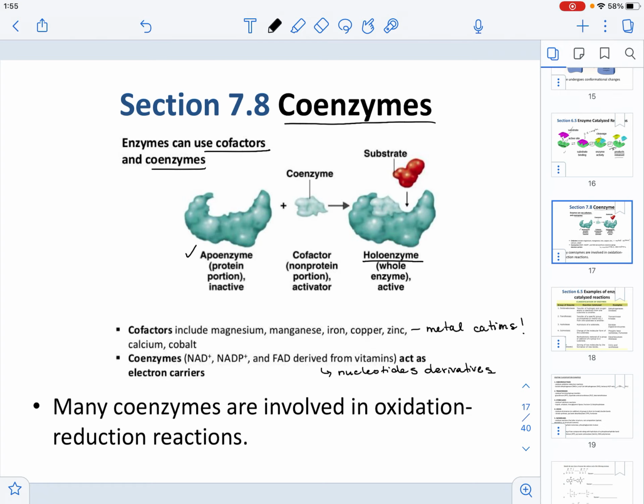And at times, because these coenzymes are specifically involved as electron carriers, many of the coenzymes that interact with a particular enzyme are there because the enzyme is involved in oxidation reduction reactions.